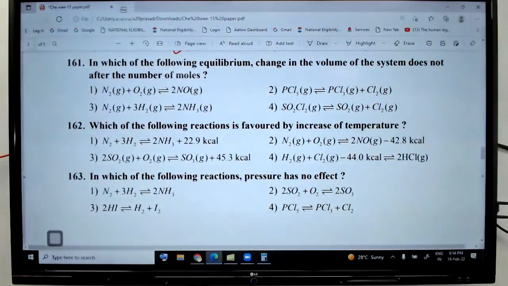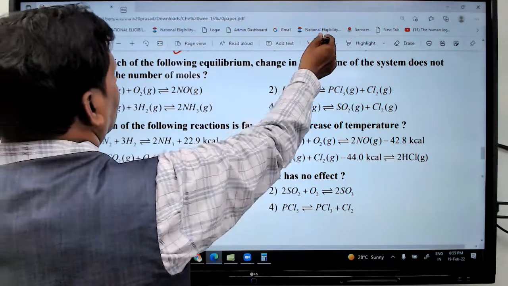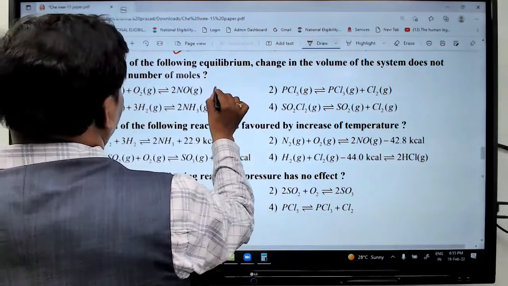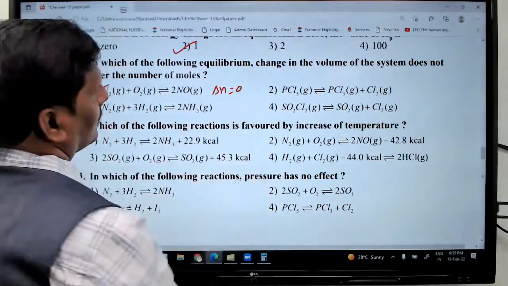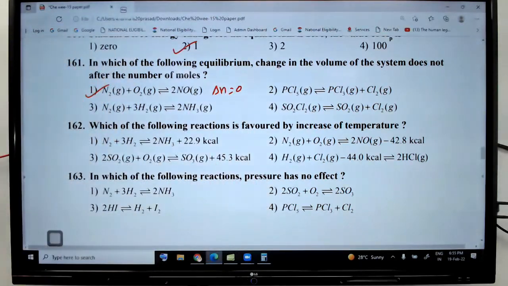In which of the following equilibria does a change in volume of the system not alter the number of moles? Delta n is 0. Where is delta n 0? Right question, because delta n is equal to 0.